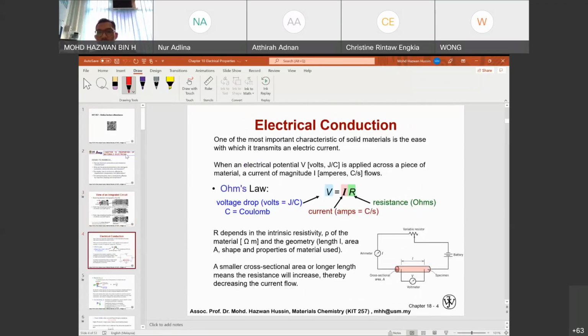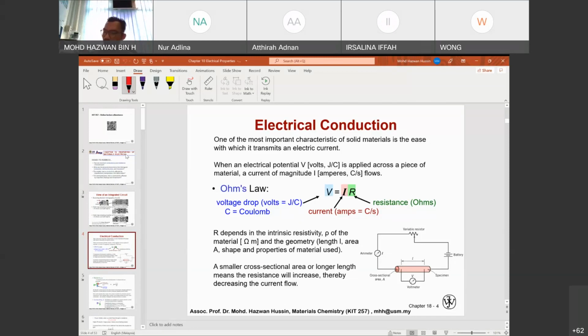One of the most important characteristics of a solid material is the ease with which it transmits an electrical current. When an electrical potential is applied across a piece of material, a current of magnitude I flows.